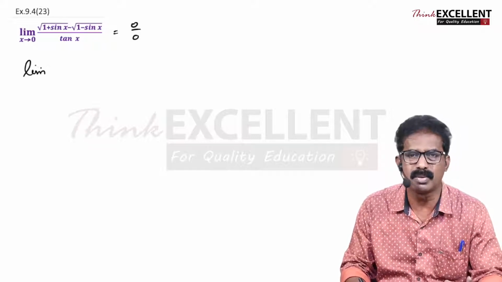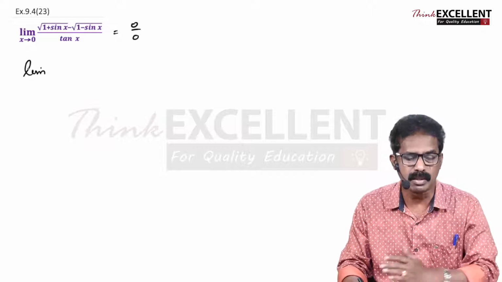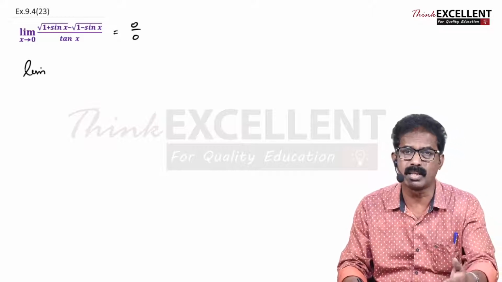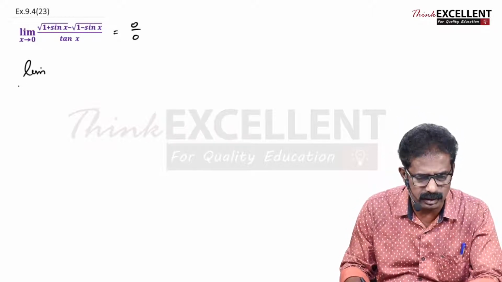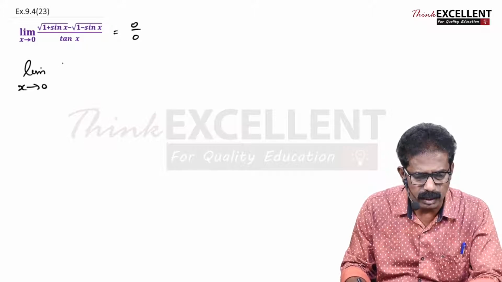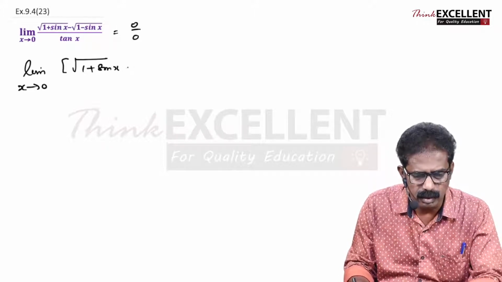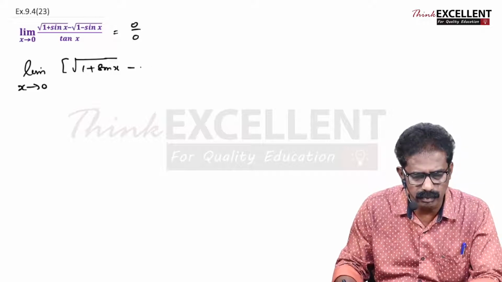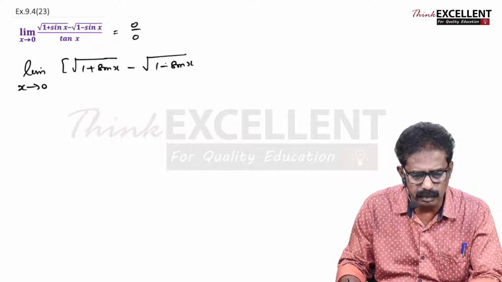In this question, hope you can understand the method, right? Whenever a root comes, we multiply numerator and denominator by the conjugate. So limit x tends to 0, what do you have here? Root of 1 plus sin x minus root of 1 minus sin x divided by tan x.